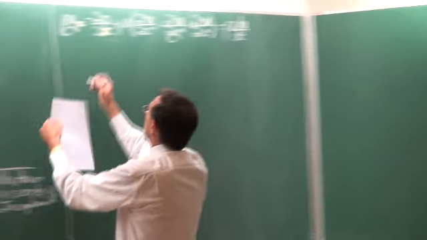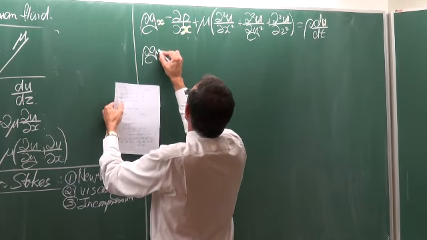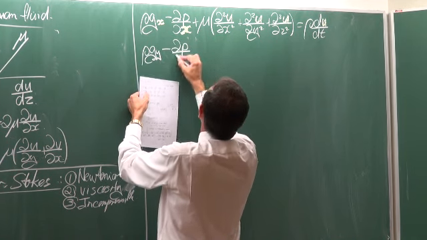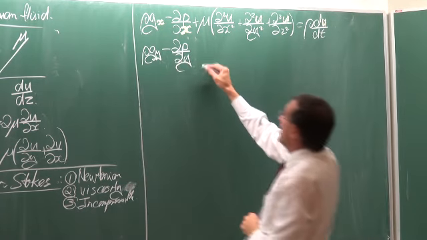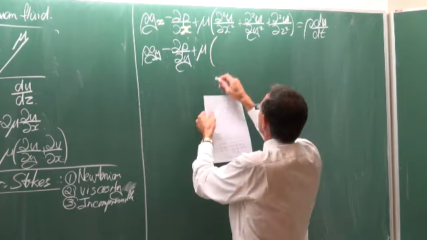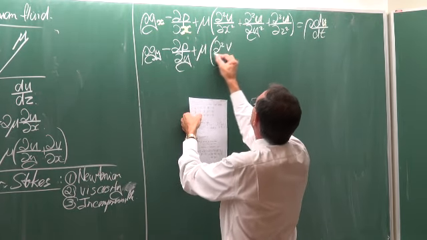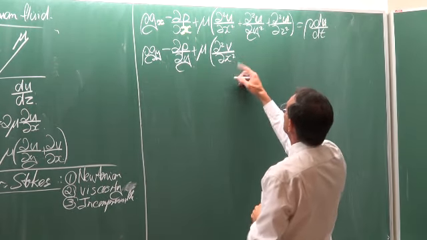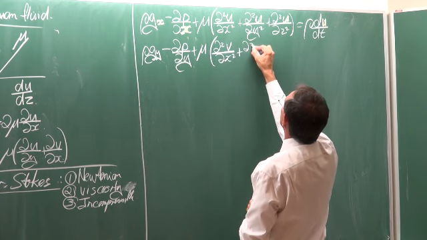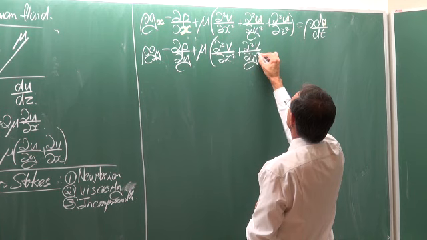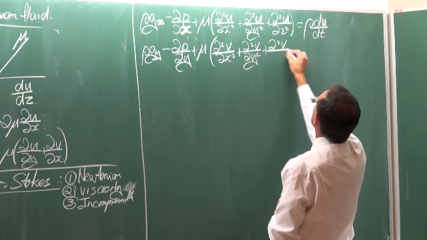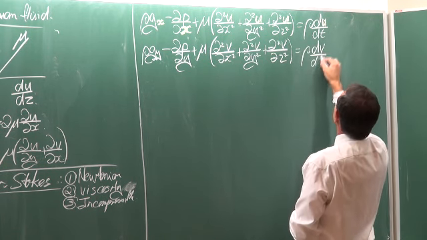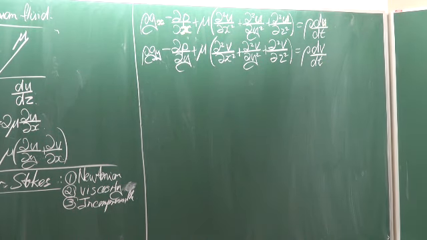The y direction is the same thing. It looks like this: rho multiplied by g in the y direction minus partial dp, now not to x but to y, plus the viscosity multiplied by partial d2v dx squared, now in the y direction so it's the v velocity, plus partial d2v dy squared plus partial d2v dz squared, is equal to rho dv dt.